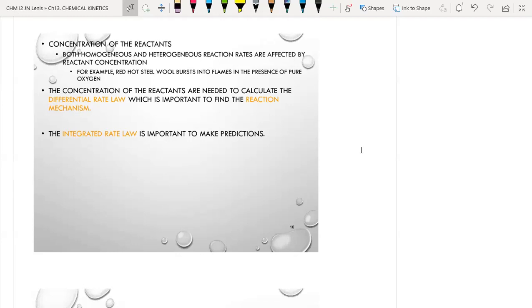So this factor affects both homogeneous and heterogeneous reactions. And we are going to spend time here because our rate law will be described in terms of concentrations.